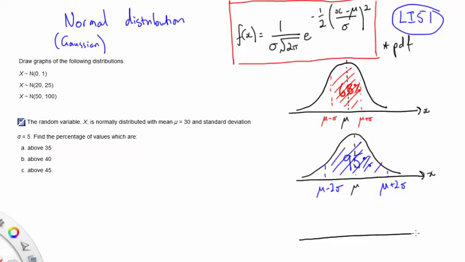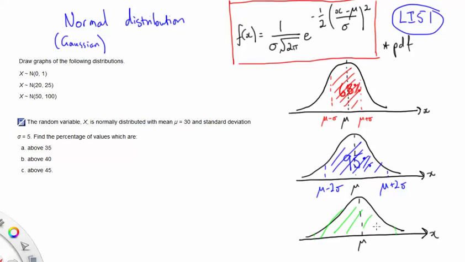Finally, you need to know this. You need to know that within 3 standard deviations of the mean lies 99.7% of your data.